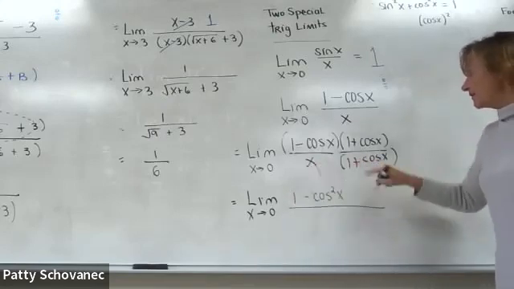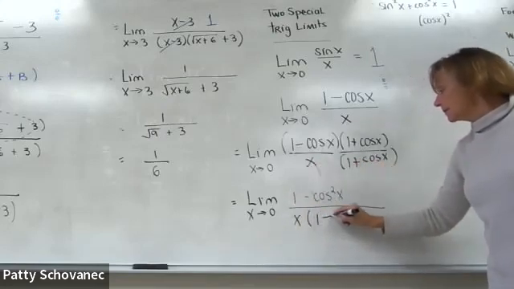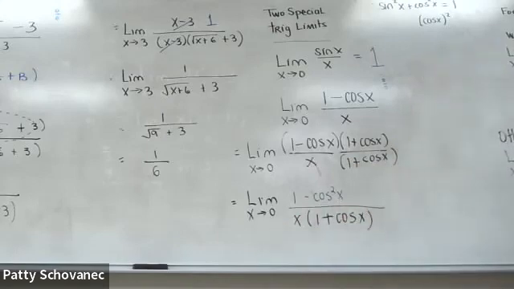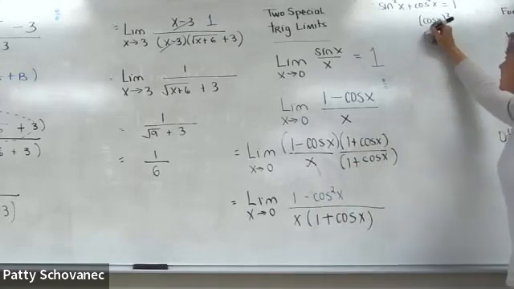And then I have this and that. Well, I don't have a common factor, but I have this identity in there. Sine squared plus cosine squared is 1. What is 1 minus cosine squared going to be equal to? Yeah, 1 minus cosine squared is sine squared.